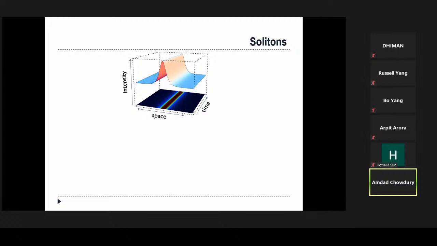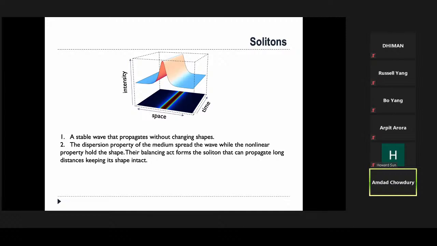But when they are in a balancing mode, the wave propagates without any change. It's called a soliton, and it is a stable form of wave. The balancing act of dispersion and nonlinearity gives rise to this kind of wave structure, and it will propagate without any change of its shape.